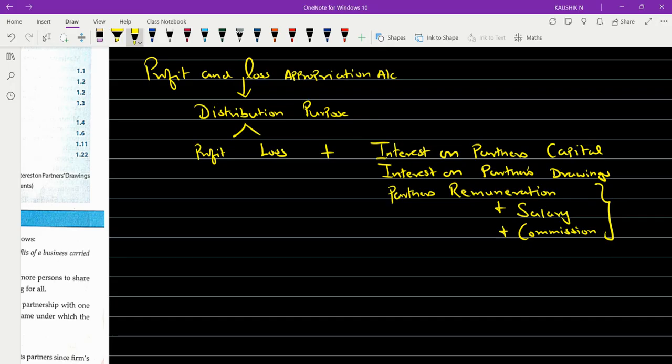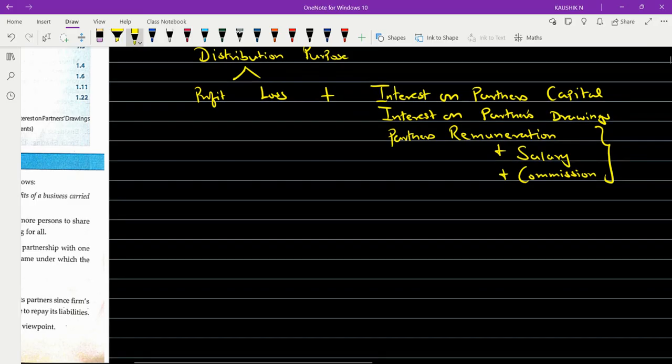In very rare cases, some partners will be eligible for both. In practical problems we will see any one allowed to a partner, but it is not compulsory that only one should be allowed. In some cases, a partner might receive both salary as well as commission.